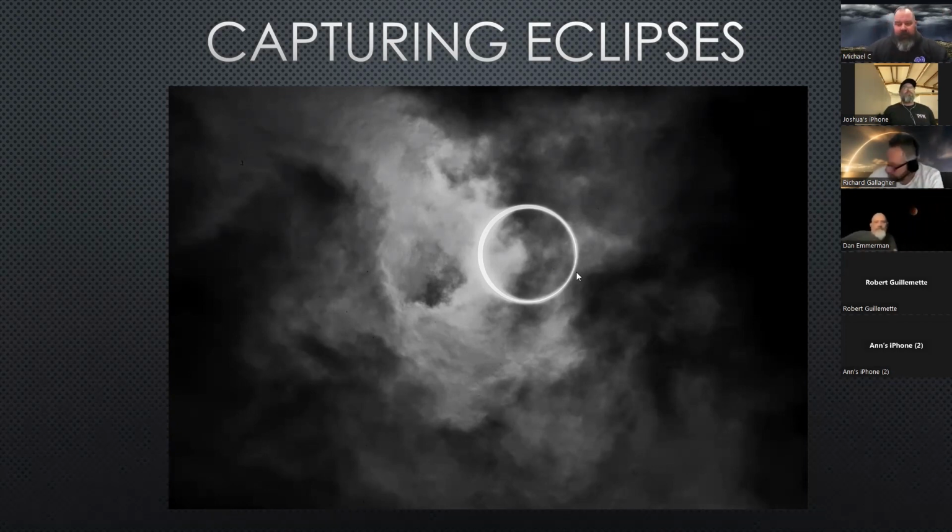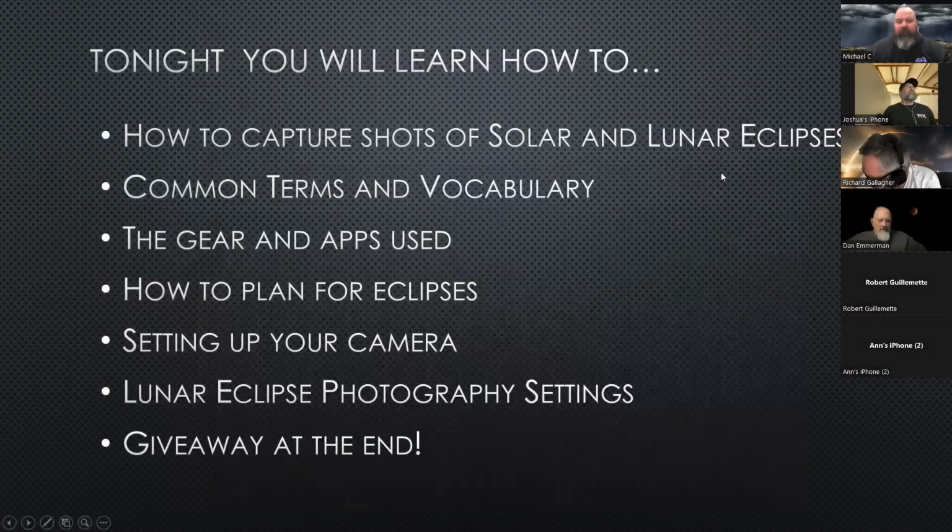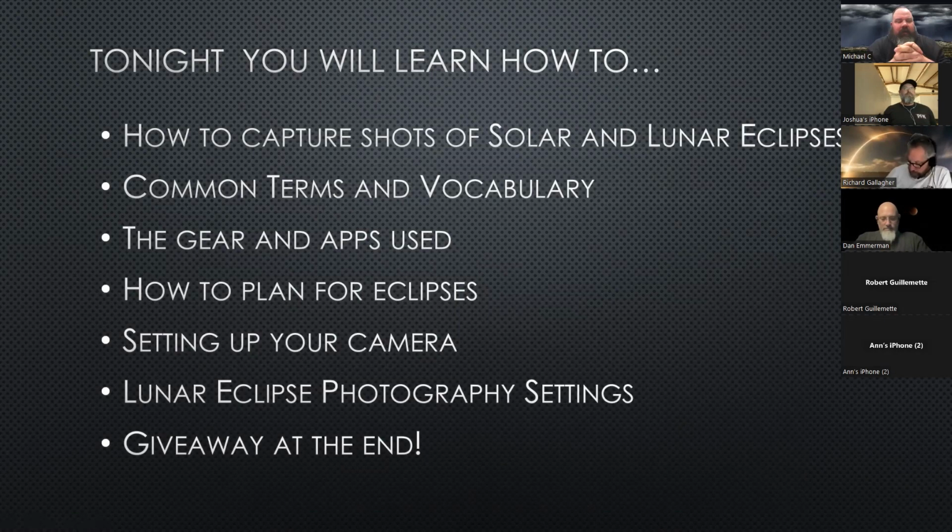What we're going to talk about tonight is how to capture solar and lunar eclipses. We're going to talk some terms and vocabulary that you may hear wrong or right, especially if you start reading news articles as we get closer, because the news doesn't know what they're talking about half the time. I noticed it with the annular eclipse last October.